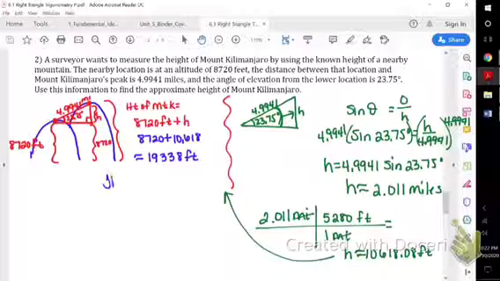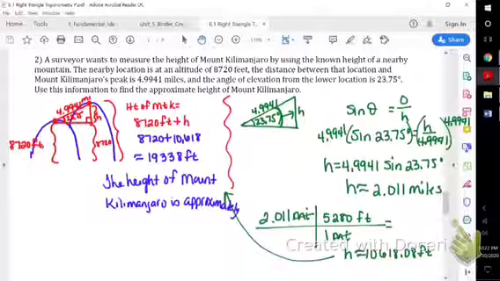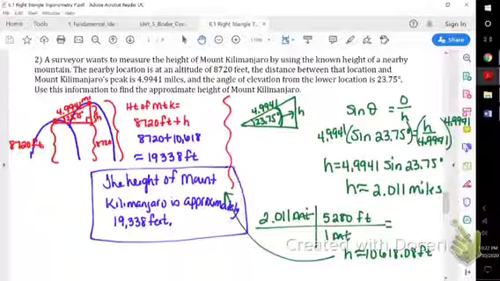So we can say that the height of Mount K, and I'm going to spell out its actual name, is approximately 19,338 feet. And so now we have found our solution.